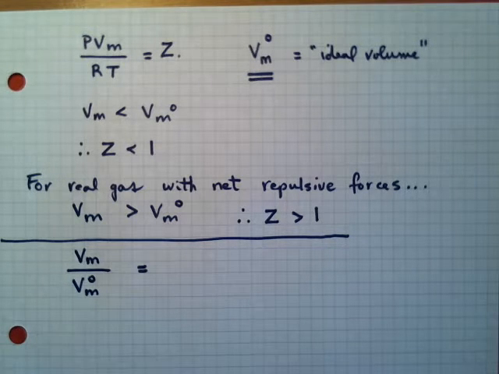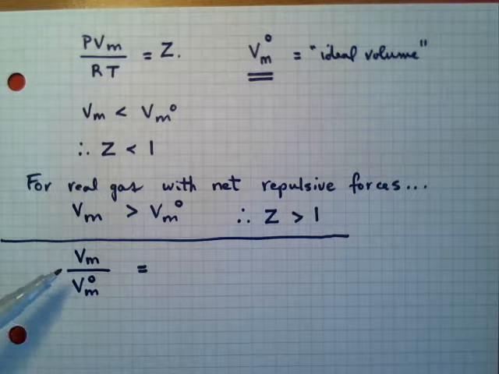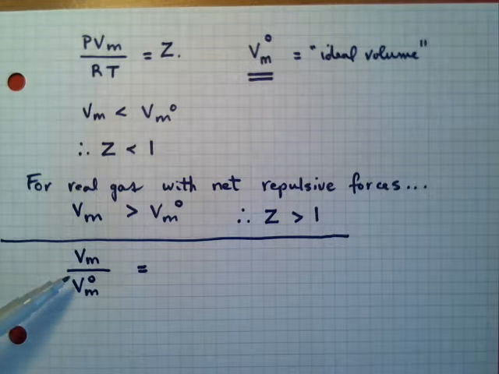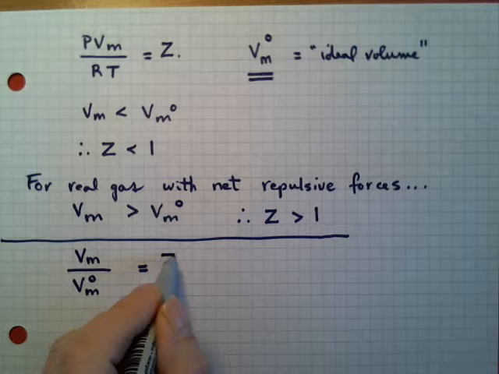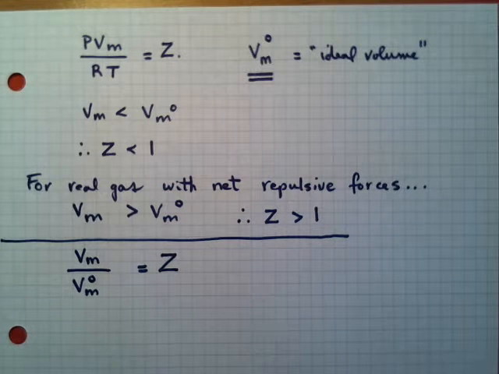It does not matter what units I use for volume to compute this ratio, so long as the units on the top and bottom are the same, because to convert among the different units of volume, it's all multiplication, so I maintain that ratio. So this is another expression for the compression factor. So maybe we're starting to get an idea of why it's actually called a compression factor.